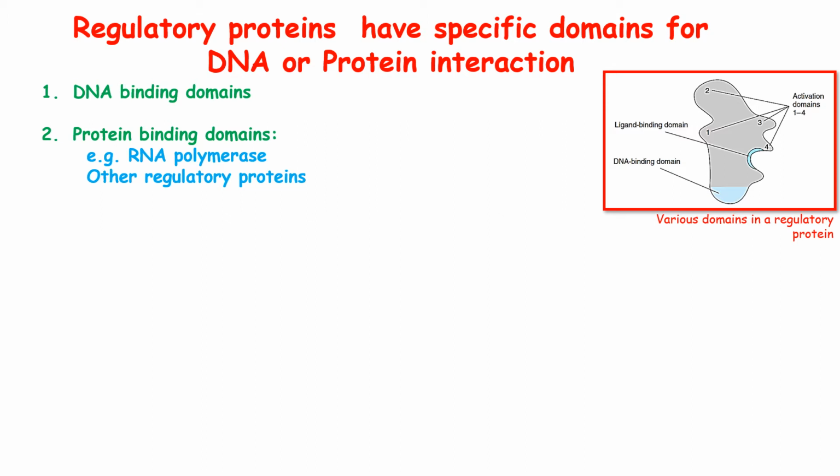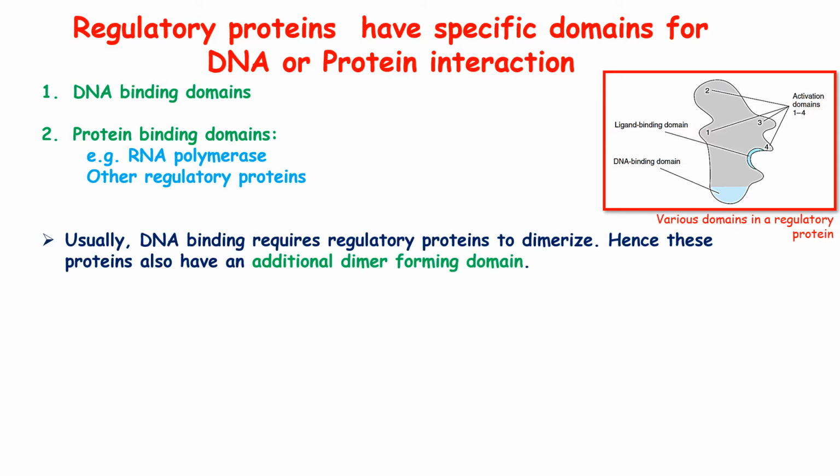There is a DNA binding domain represented at the bottom in light blue color. The blue colored arc shape portion represents the ligand binding domain, and the regions labeled 1, 2, 3, 4 represent activation domains.